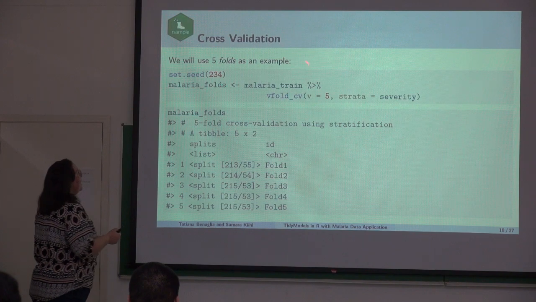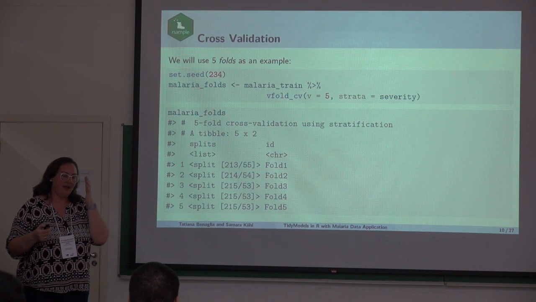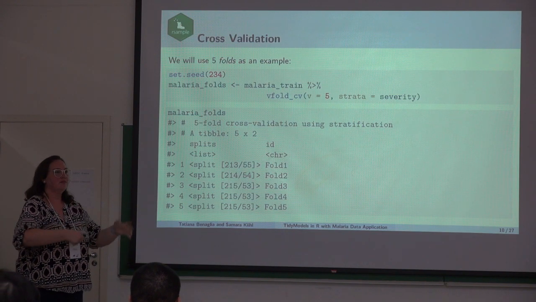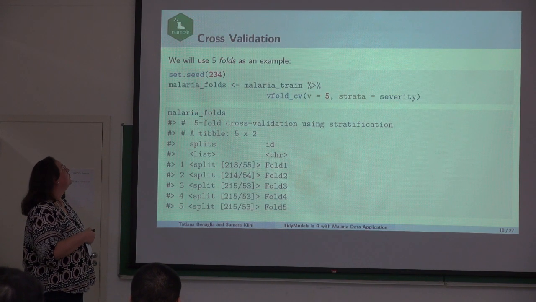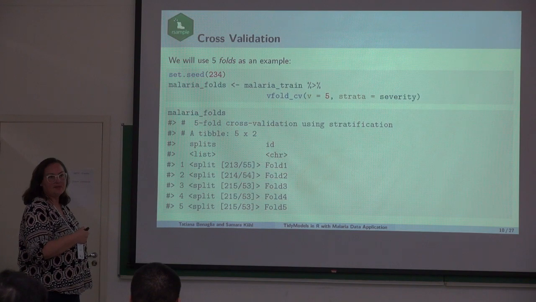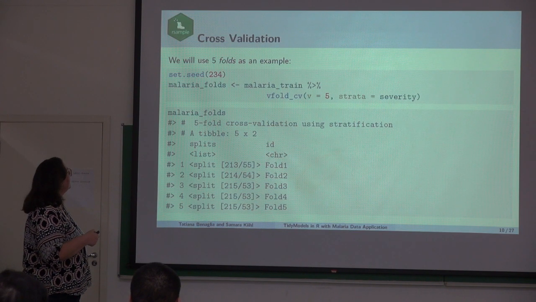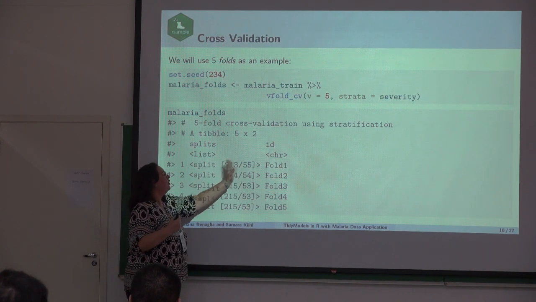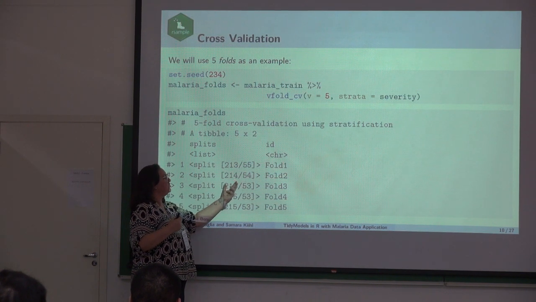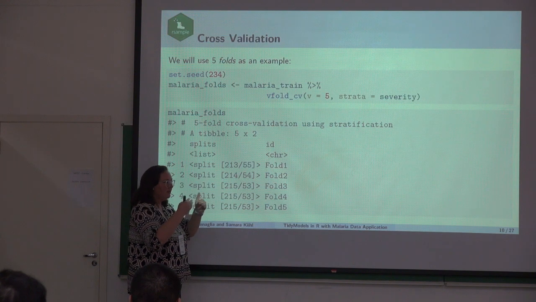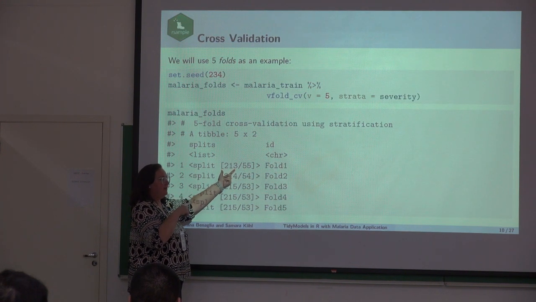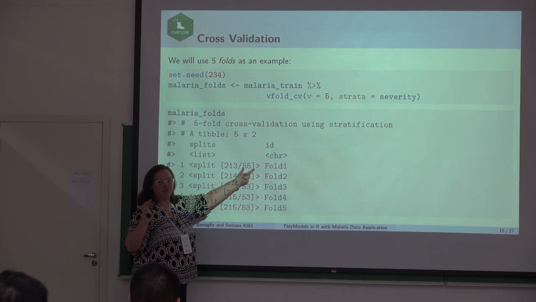Because it's done at random, every time I run this line it's going to give a different split of the data, so to make sure everything's the same, we set the seed. Now, what's it going to do? It splits the data. Fold 1 has this many observations. It's usually not exactly the same size, but close enough. So for fold 1, it has this many for train, this many for validation.